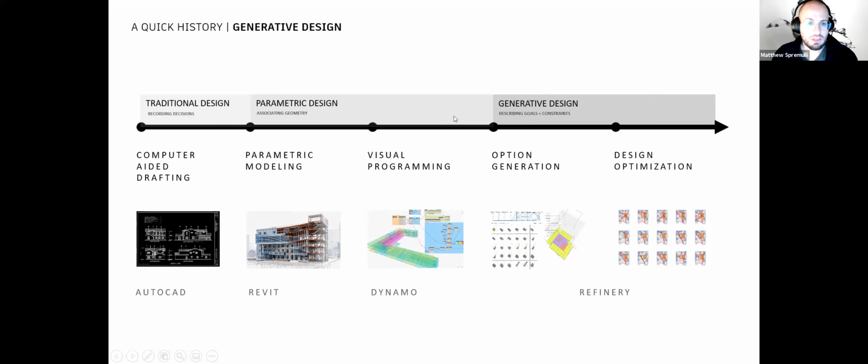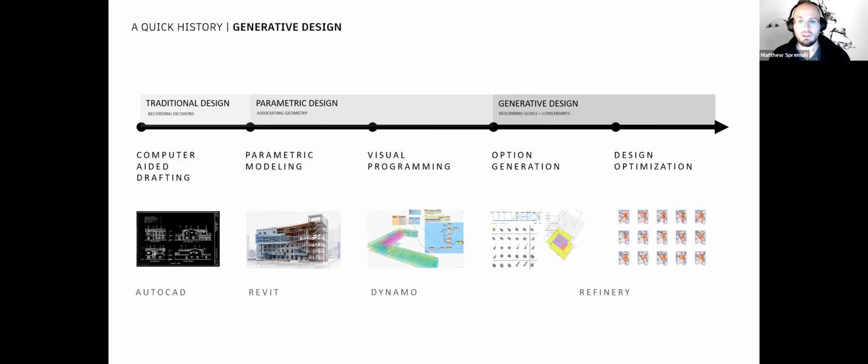And then we entered a different era of design called parametric design, which many people are starting to adopt and become more comfortable with even now. This could be through tools like Revit or even visual programming languages like Grasshopper or Dynamo. And we are now entering another age of design that we are calling generative design.